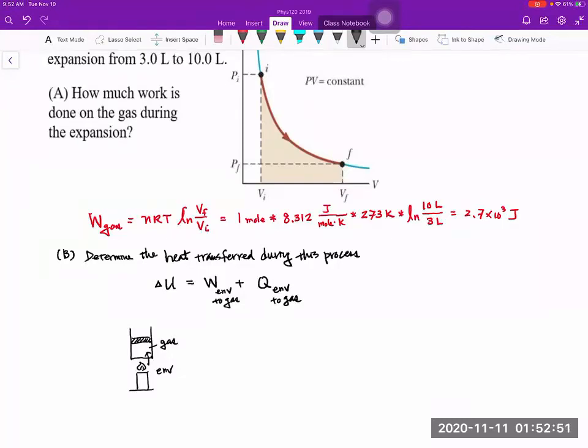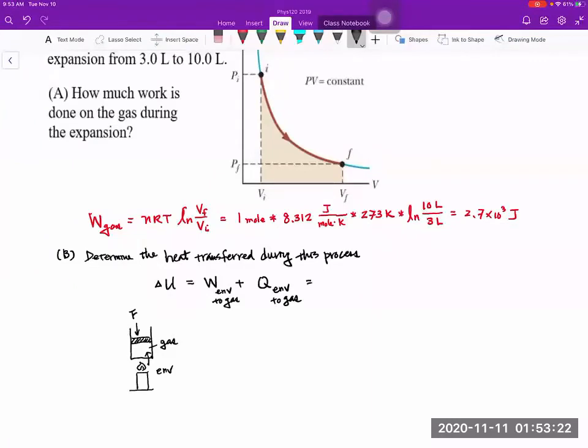If you look at the work done from the environment to the gas, that means you have a force coming from the outside instead of from the inside. But if you flip the sign, then you can also write this. If the environment does the work on the gas, and you flip it to the gas doing the work on the environment, you simply put a negative sign.